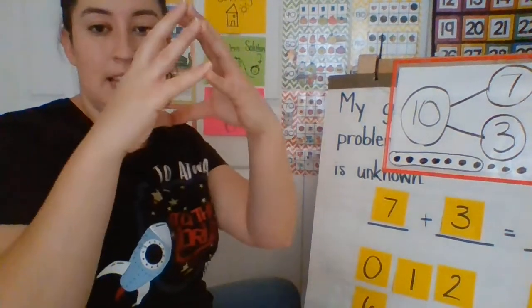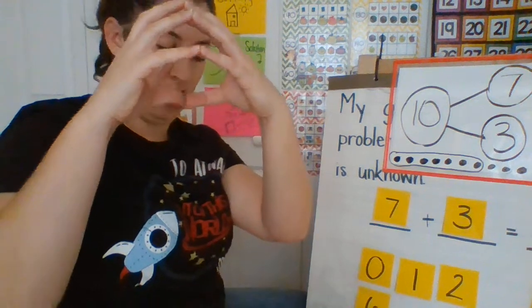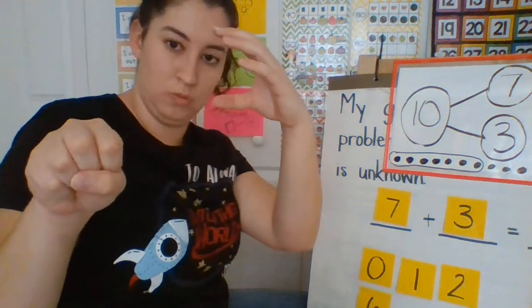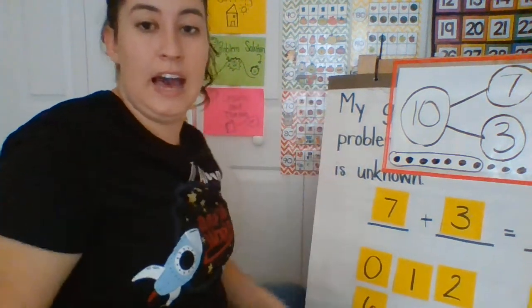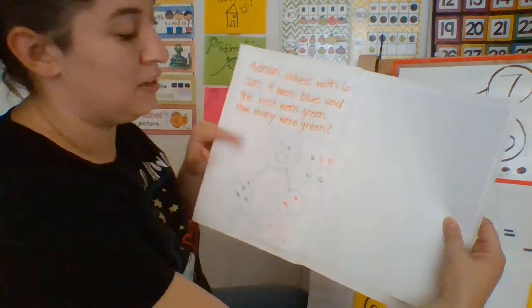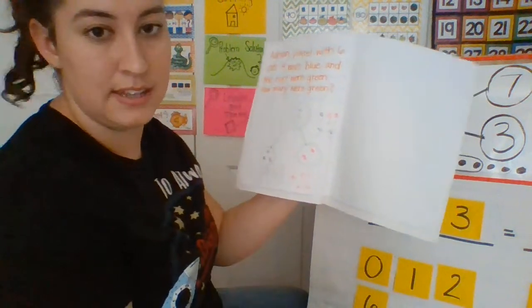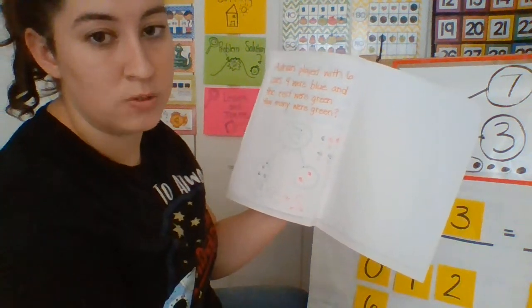He played with 6. That's our whole, right? 4 of those are blue. I wonder how many are green. I need you to draw me a picture and write the number sentence at the bottom, okay? Adrian played with 6 cars. 4 were blue and the rest were green.